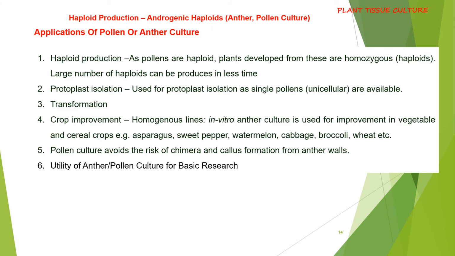Applications of pollen or anther culture. One of the major applications of pollen and anther culture is production of haploid culture lines in a very short period of time in large numbers. The conventional breeding methods used many generations of inbreeding and backcrossing to get haploid lines for improvement programs.